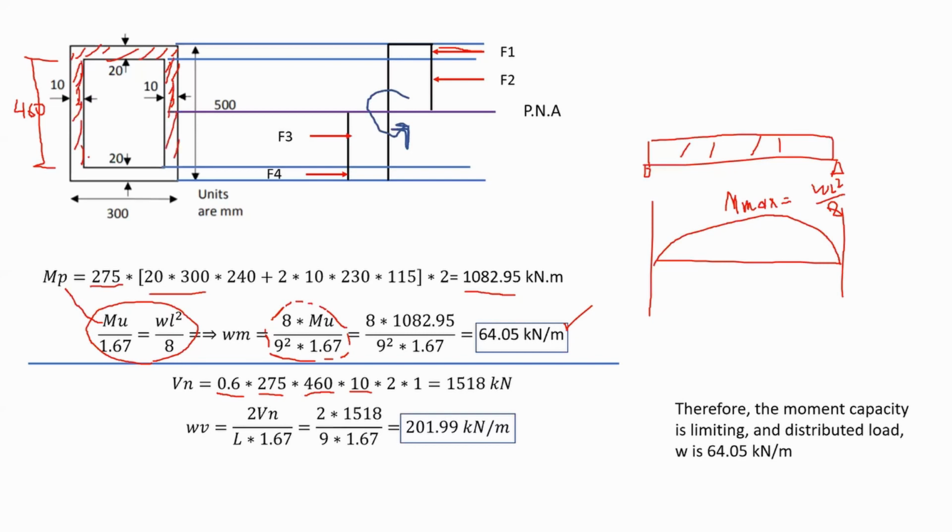So that's the area of the web of this section. And lastly, you would get the nominal shear capacity of this section equal to 1,518 kilonewtons.